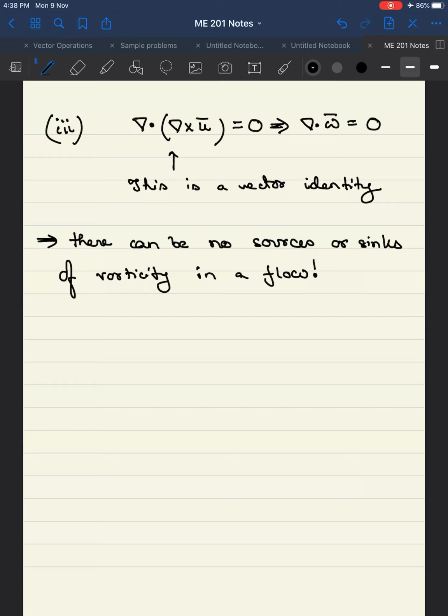And that begs the question: if that is the case, can you ever have vorticity generated in a flow? The answer is no, but it can be introduced at a boundary.